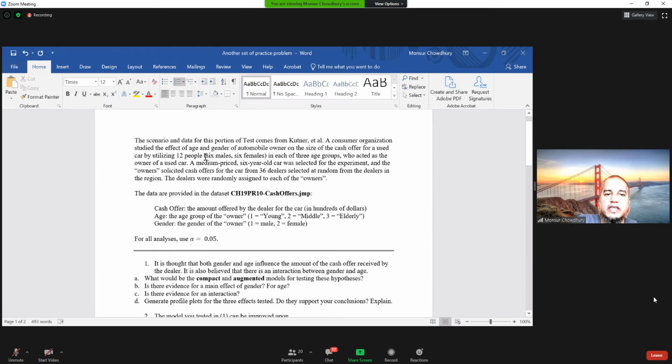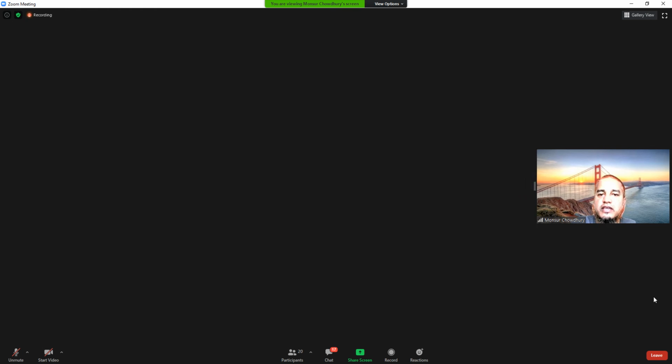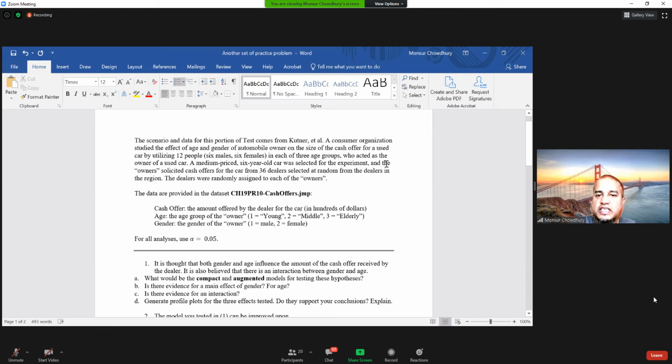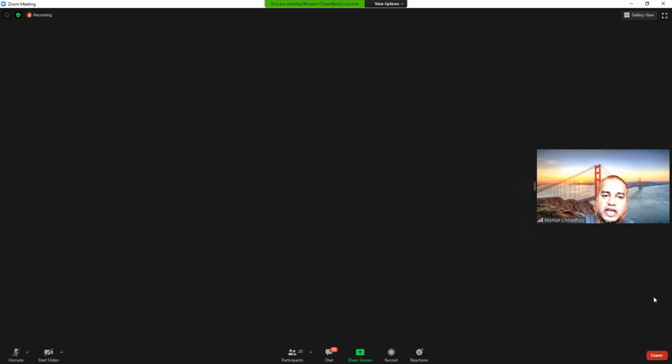The scenario and the data for this portion of the test come from another book. A consumer organization studied the effects of age and gender of automobile owners on the size of the cash offer for a used car by utilizing 12 people, 6 males and 6 females in each of 3 age groups, who acted as the owner of a used car.